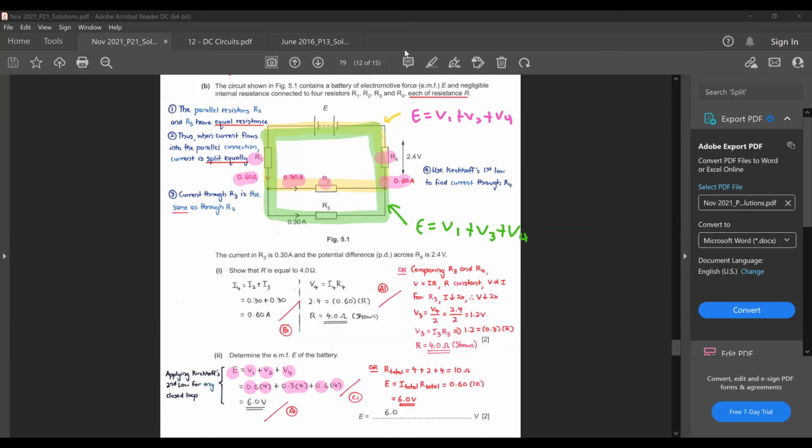All of these are 4 ohms originally. So you just use IR for each of these resistors to find the PD, and then you sum it up. Eventually you're going to get 6 volts. That one should be pretty straightforward.